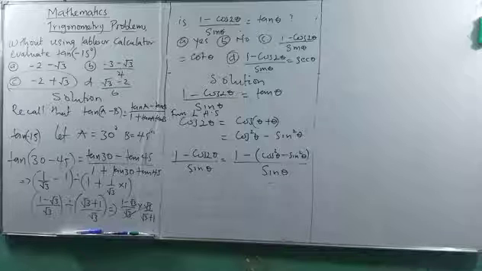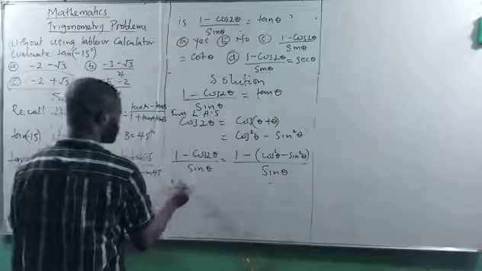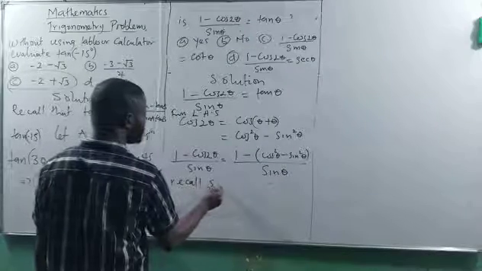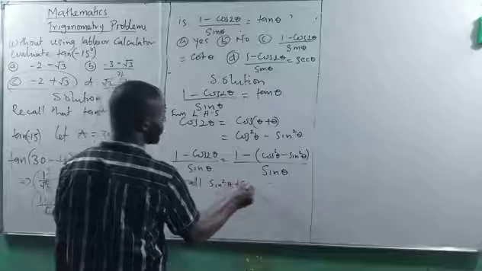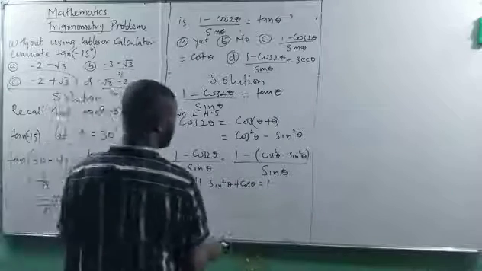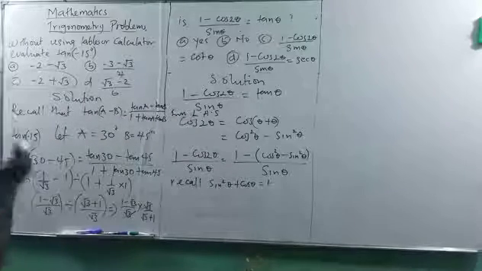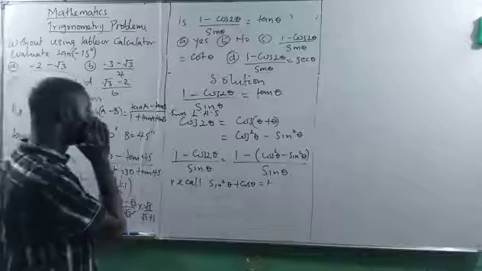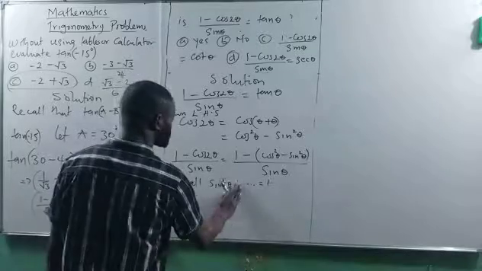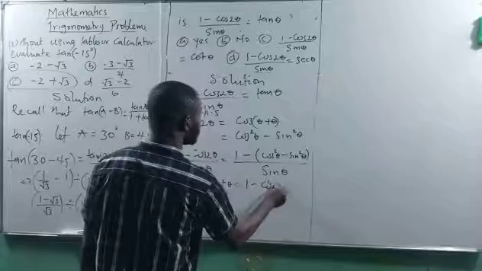Do you know that sine square theta, recall also that sine square theta plus cos square theta equals 1. It means indirectly my sine square theta will be equal to 1 minus cos square theta.